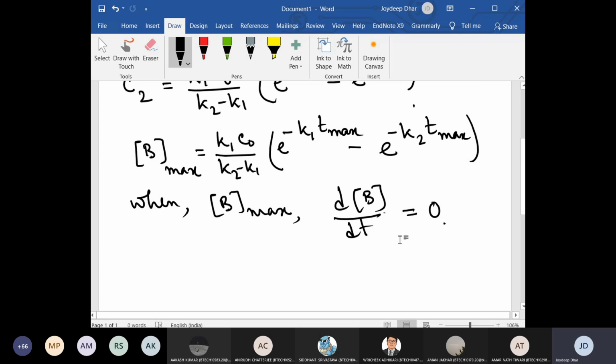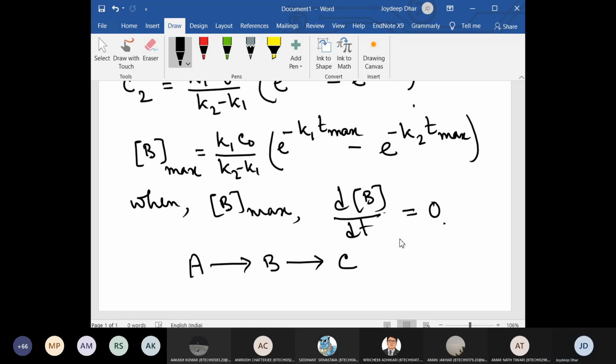It means A is converted into B, B is converted into C. So there will be some particular time when the rate at which B is forming and the rate at which B is consumed, both are equal. Then I will have maximum amount of B.